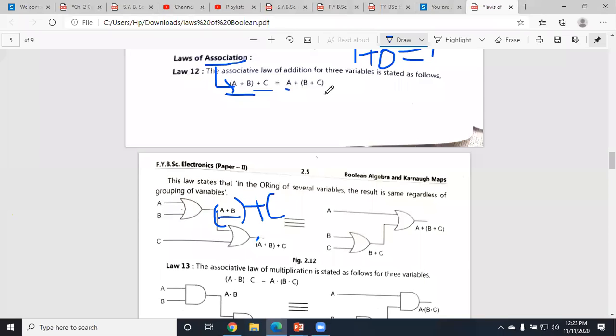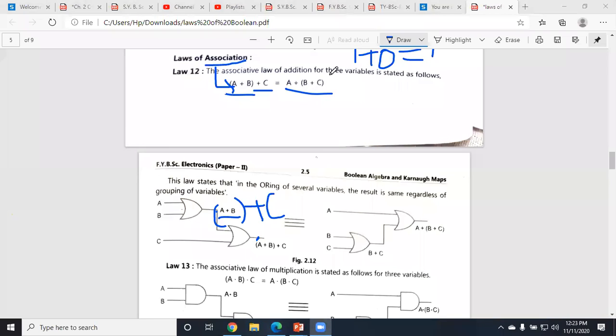Now for the other side, what do I have to draw? Just look at the equation and then tell me. First you have to solve the bracket. First B plus C and then A. Correct.